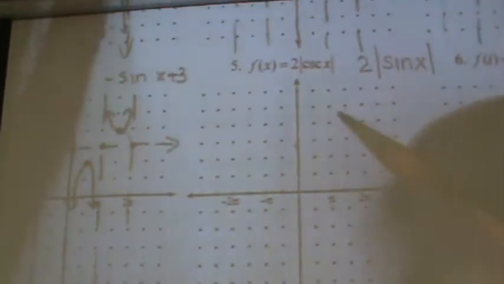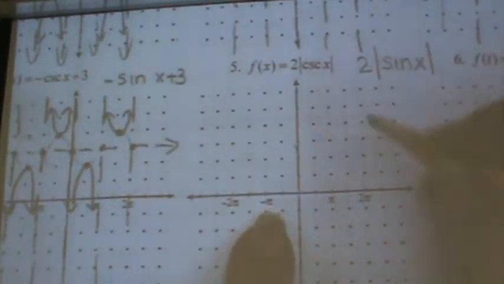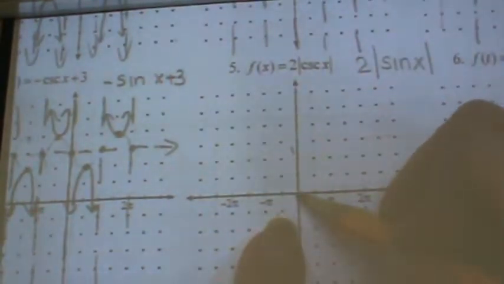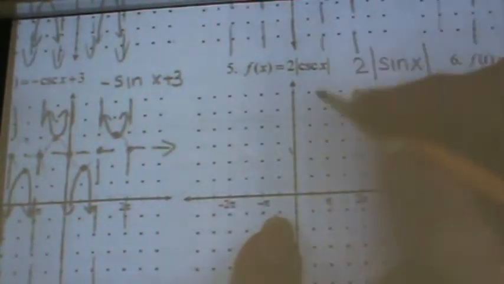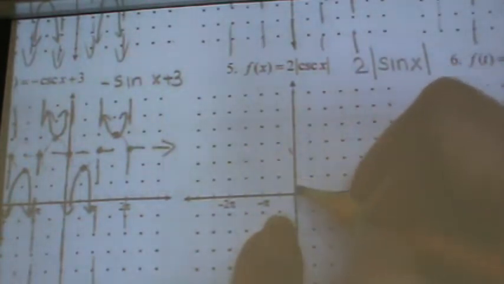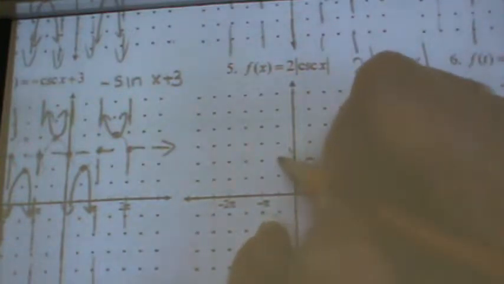So now this one, I want you to be able to do it from memory. What are you gonna graph here? You're gonna graph 2 sine of x. What does 2 sine of x look like? Is it gonna split it in the middle, or is it gonna split on the y-axis? In the middle, it's gonna be like this. You literally just did that. It's this one. That's what it looks like.